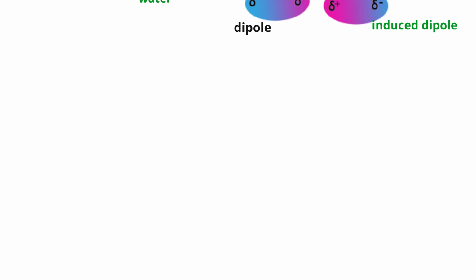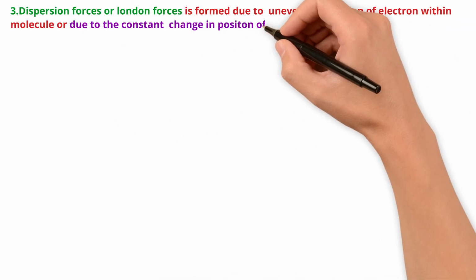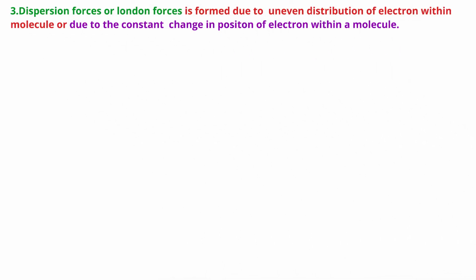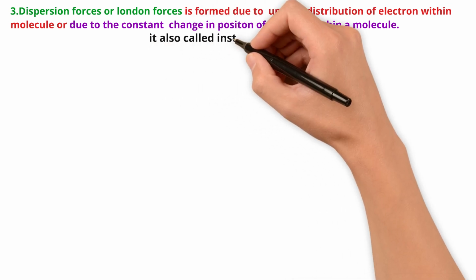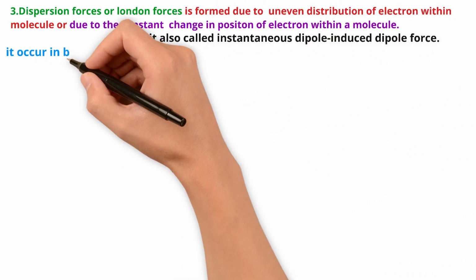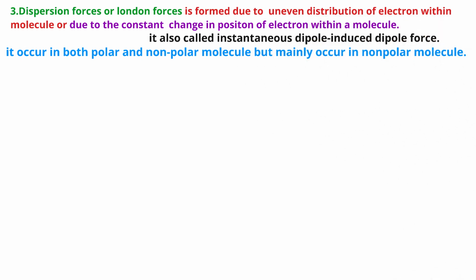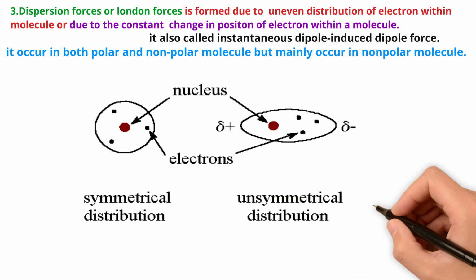The third type of intermolecular force, London force or dispersion force, is formed due to uneven distribution of electrons within a molecule, or because of the change in position of electrons within a molecule, called induced dipole force. It occurs in both polar and nonpolar molecules, but it mainly occurs in nonpolar molecules. Look at this one.